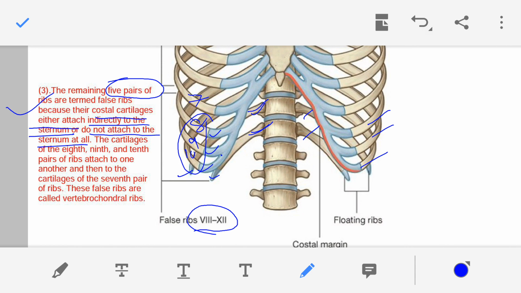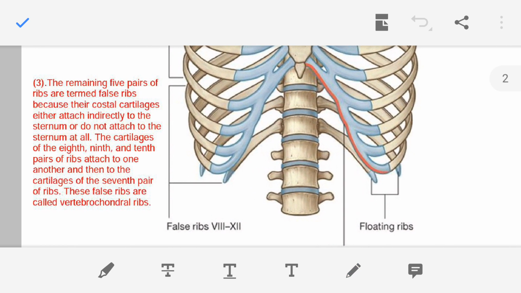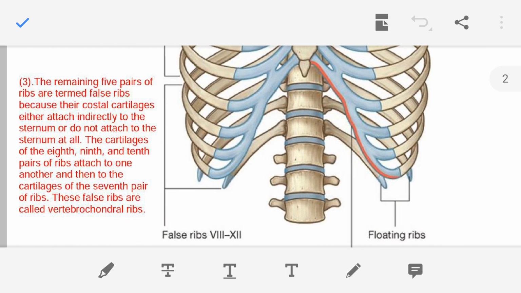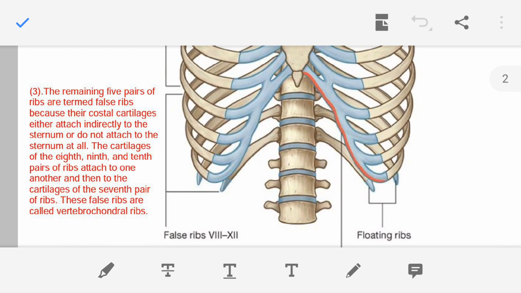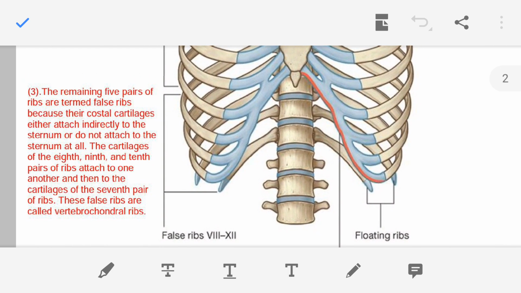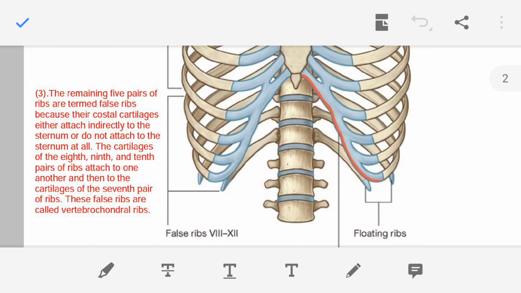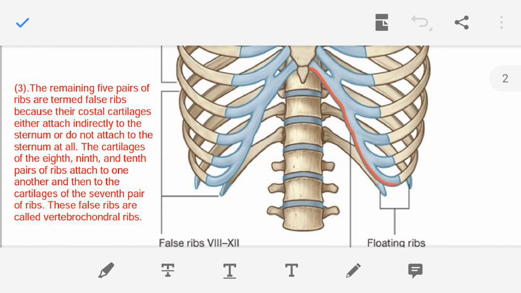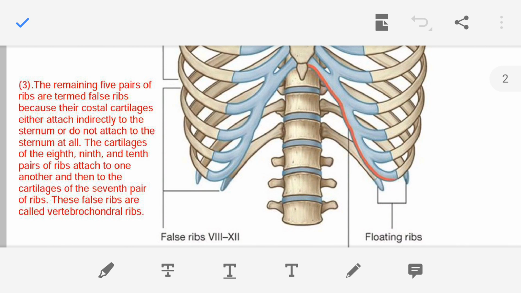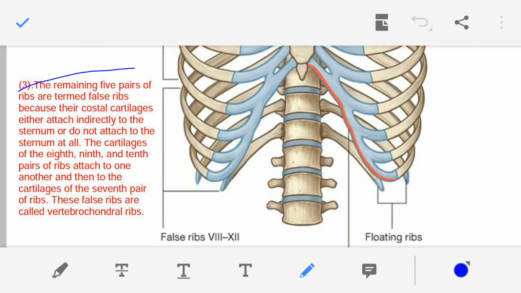What is the meaning of this point, that the costal cartilage is not attaching to the sternum or indirectly attaching to the sternum for these 5 ribs? Now I am explaining this point.